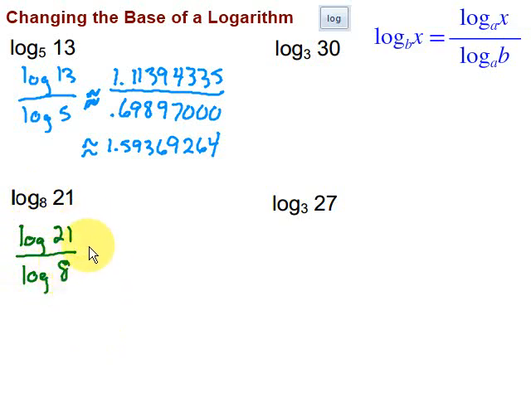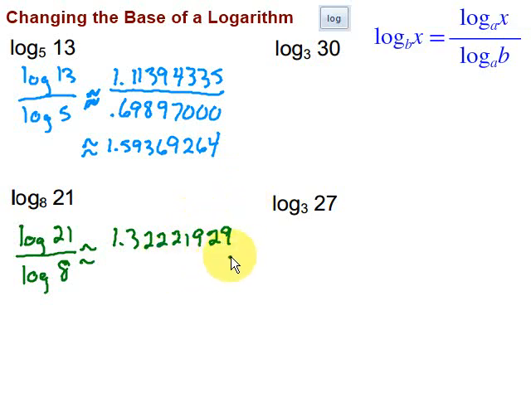Okay, need to figure out approximate values for those, so grab the calculator again, and the log of 21 is 1.3222219.